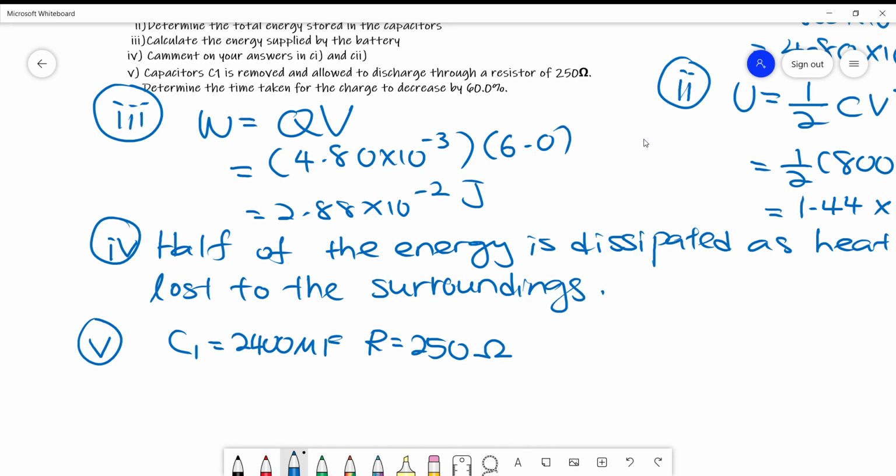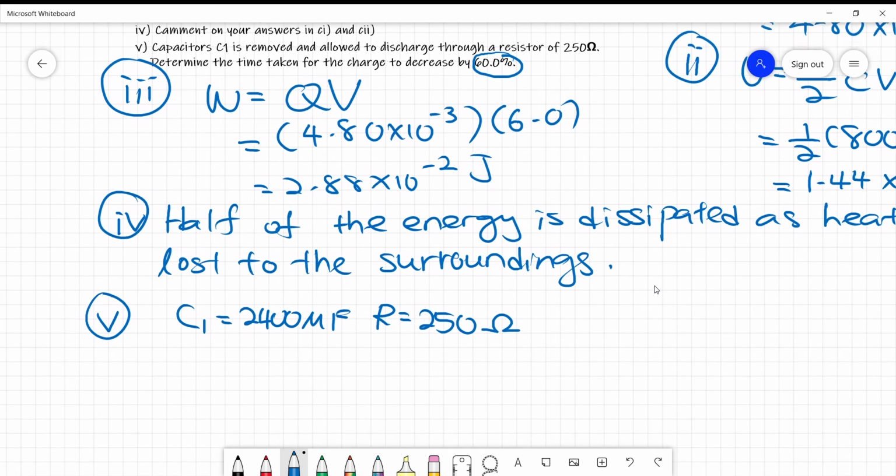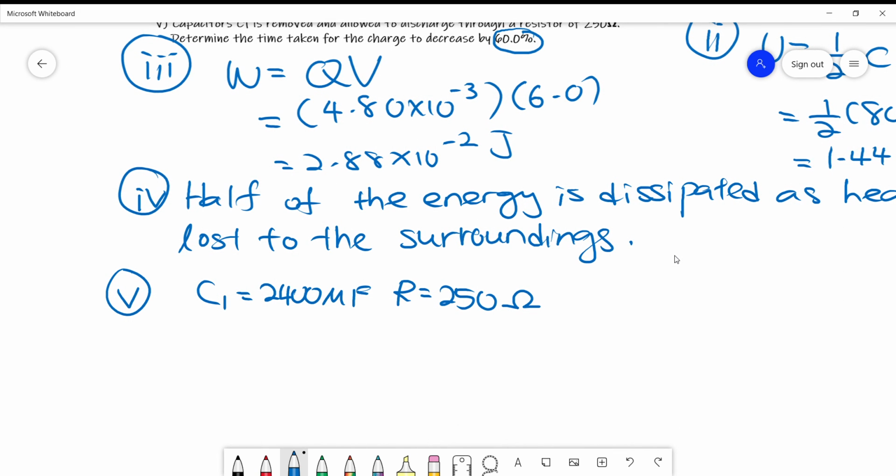Determine the time taken for the charge to decrease by 60%. So this is the discharging circuit. Basically this is my formula, of course. Decrease by 60%, so this is 0.6 of the initial charge.